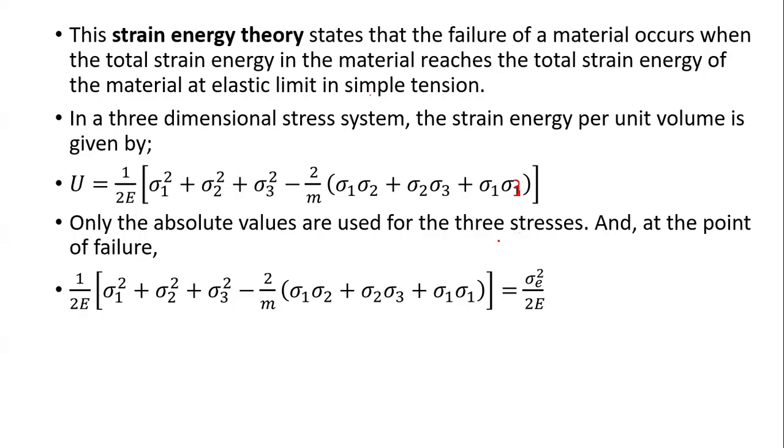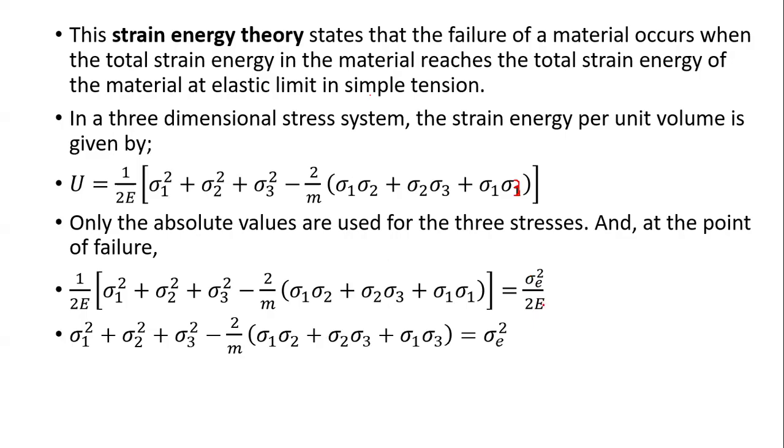So this is now at the point of failure. We're saying that a material will fail when the amount of strain energy it reaches is equal to that at elastic limit. So this is what you have here. Stress squared over 2E, where the stress is the stress at elastic limit.